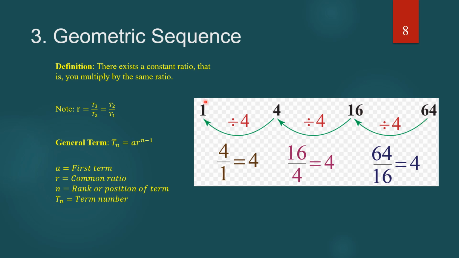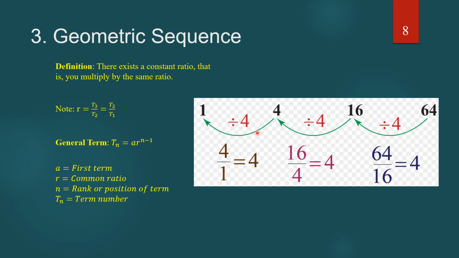Clearly you can see from the first term we multiplied by 4 to get the second term. Second term we multiplied by 4 to get the third term, and so on. If you reverse the sequence, you would then divide. Hence we see a division by 4 from right going to left.